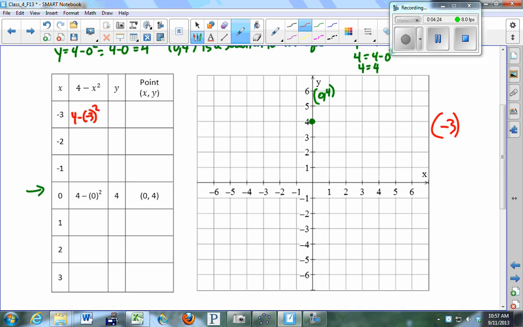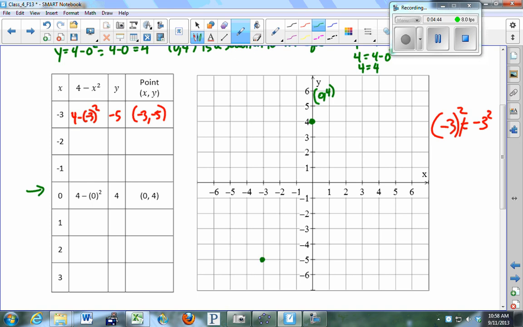These two things are not the same. So you need to put parentheses around that. So that's 4 take away 9, which is -5, which means your point is (-3, -5). So then you go up and plot that point. You go 3 to the left and down 5, and you put a little dot right there.